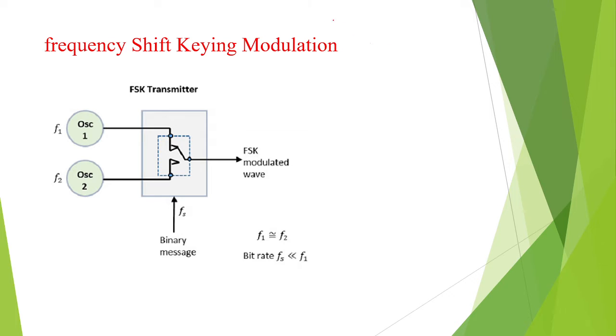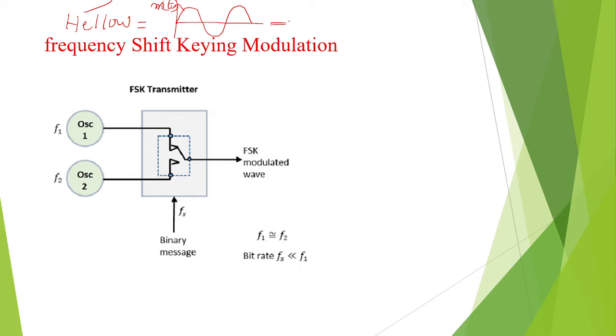In digital modulation, for example, if you have an audio, as you said hello, the hello signal is converted into an analog electromagnetic wave. The physical signal is converted into analog.